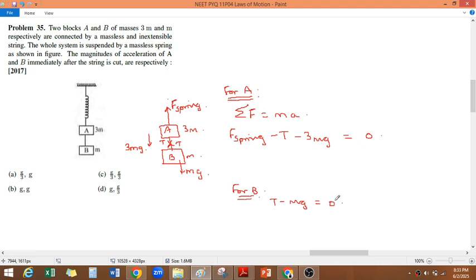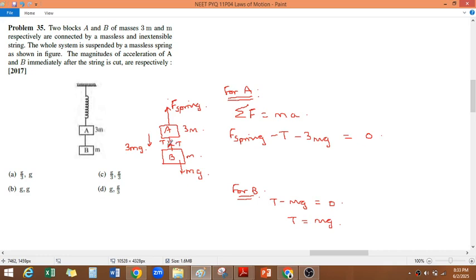Again, I'm telling you, if you're wondering why did I put 0, because acceleration is 0, it's not moving, right? It's kind of standstill before cutting the string. So that means T is equal to mg. So why are we putting minus T for the A?